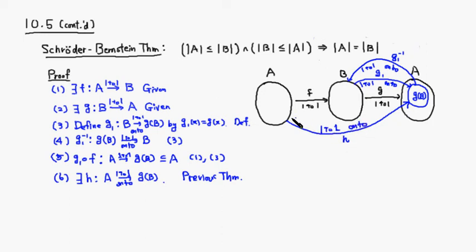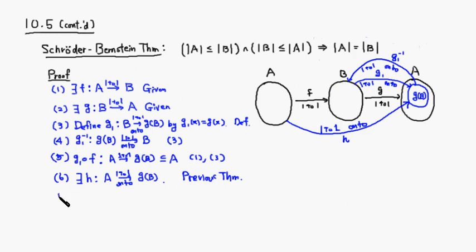Remember that what we're trying to do is come up with a bijection from A to B. Now we can easily construct that, because there's a bijection from A to g of B, and there's a bijective function from g of B back to B. So we can simply compose h and g1 inverse and get a bijective function.